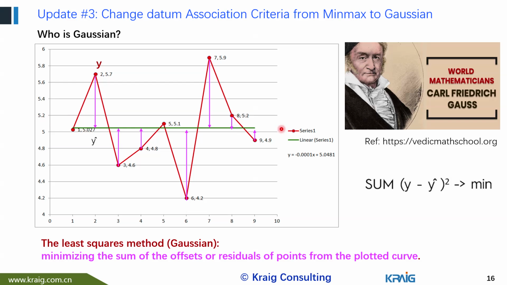Now how to get this best fit? Okay, there's a formula here. This is point number 1 and there's a plus deviation. This is point number 2 and there's a minus deviation. We call this deviation: the actual point to the line that you get, there's always deviation here.